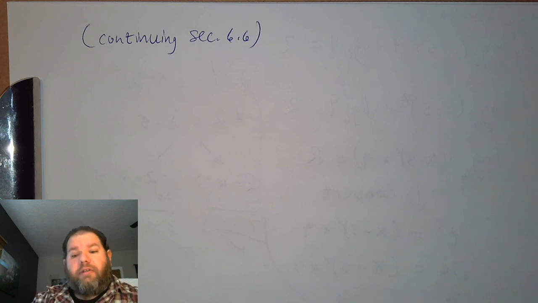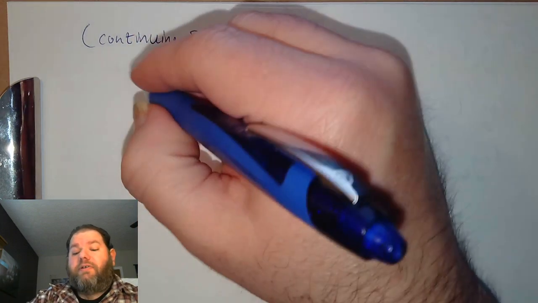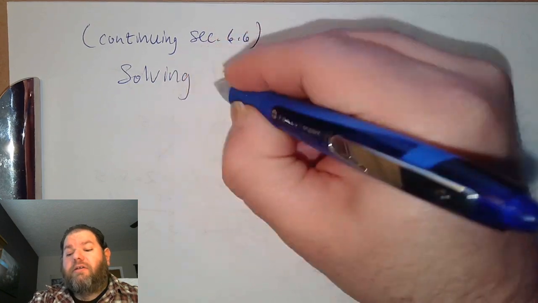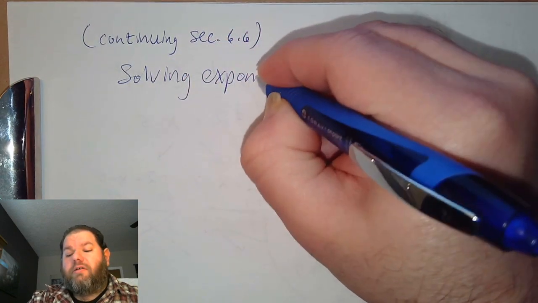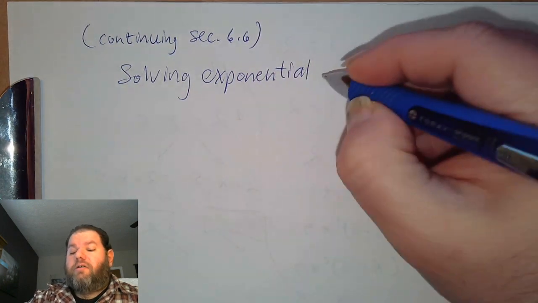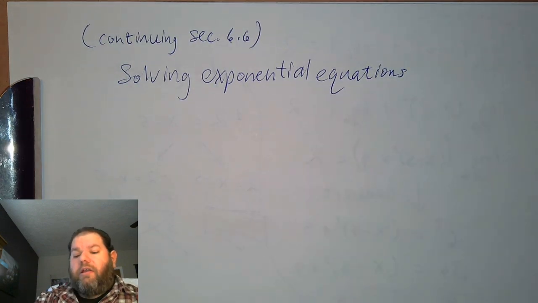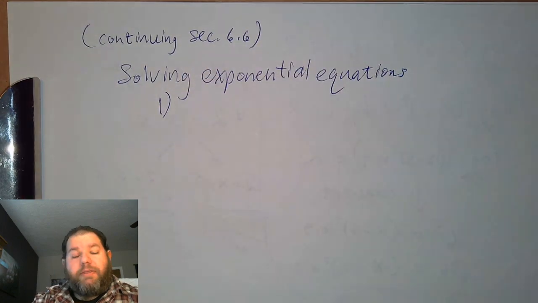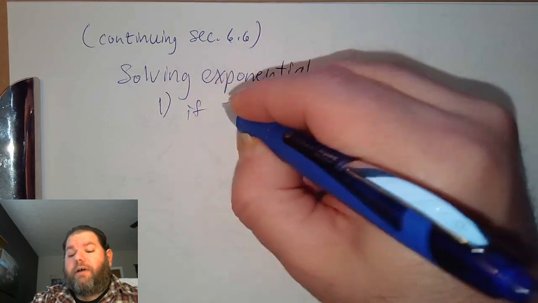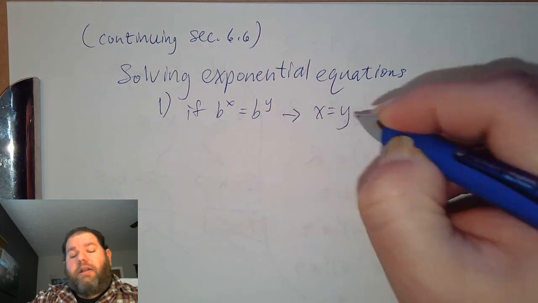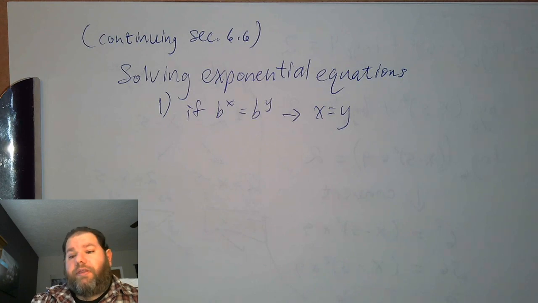Now, we still need to look at solving exponential equations. We looked at logarithms already. And we have two primary methods that we can apply here. One, if b to the x equals b to the y, then x equals y, and that's what we had applied earlier in section 6.3.